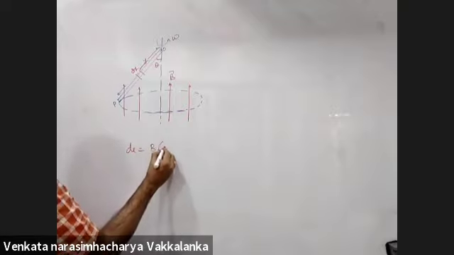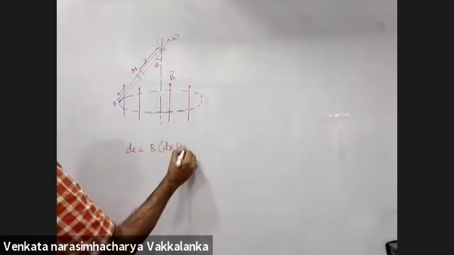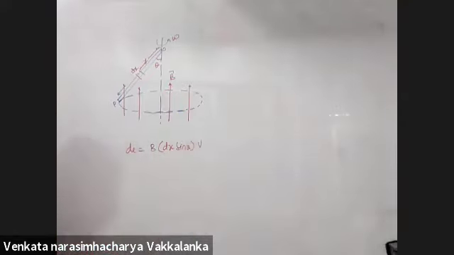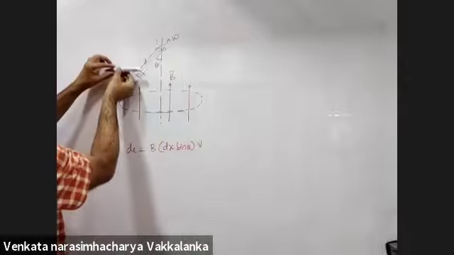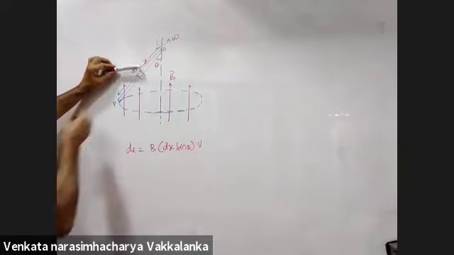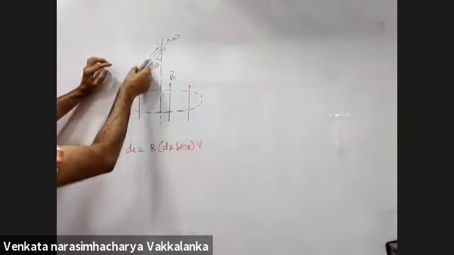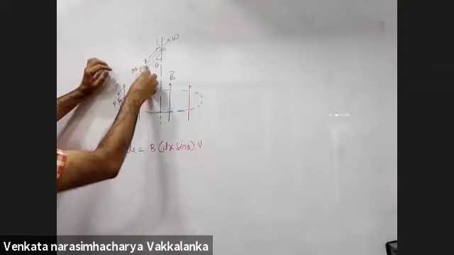dE equals B, dx sine theta, V. If this is dx, along x you took an element dx. dx cos theta will be anti-parallel to B, not even parallel.